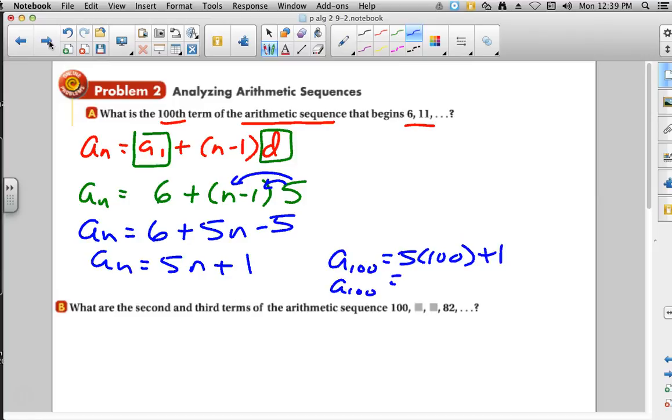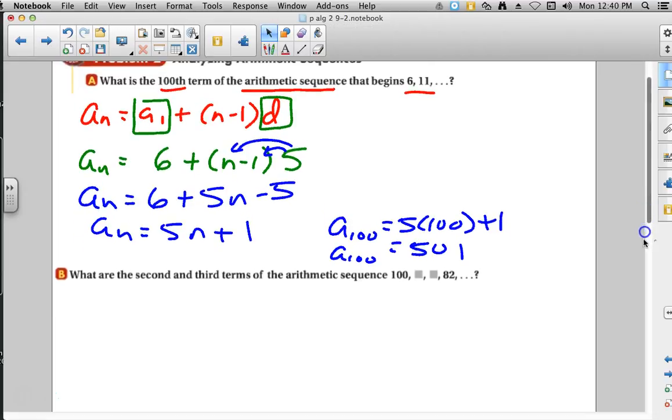So the 100th term is 501. Again, that's an explicit formula. That is absolutely what we want. That's what we prefer if we can get it. Sometimes we can't. Sometimes you have to use the recursive one. But that wasn't too bad. Put in a couple of numbers, simplify.